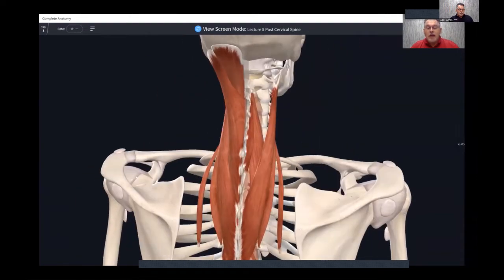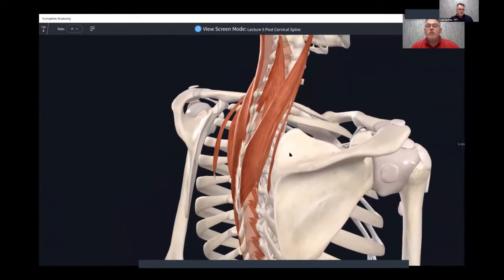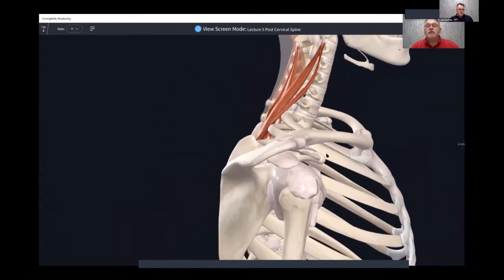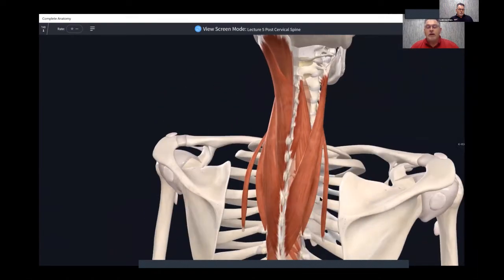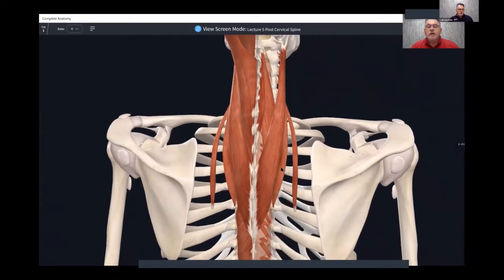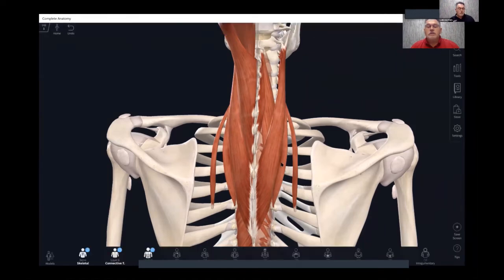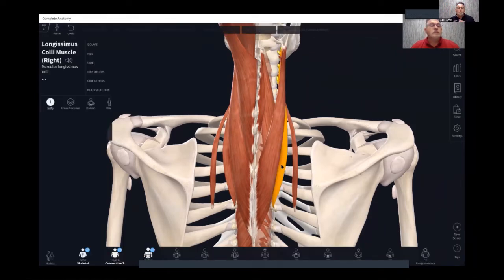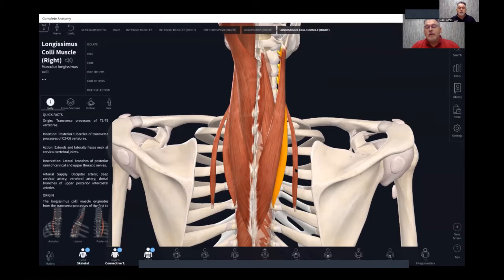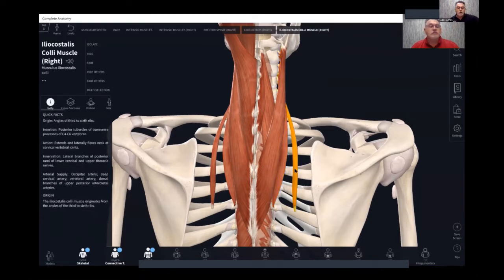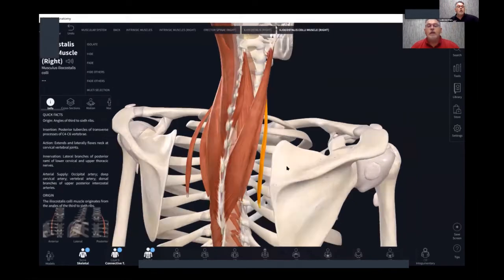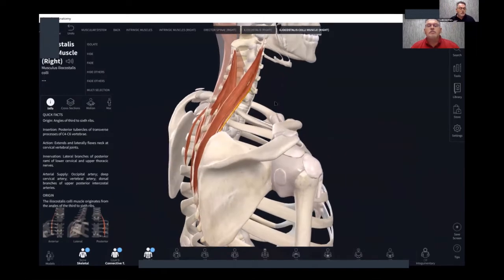What we did not include were some structures here on the lateral. So here what we're talking about is the longissimus cervicis, and then the iliocostalis cervicis. And we didn't deal with those previously.